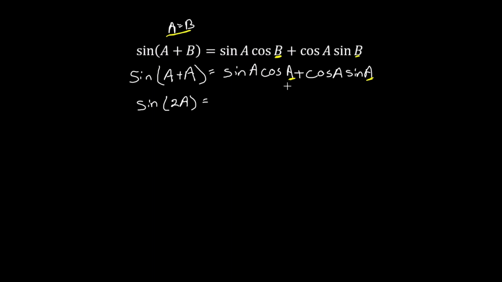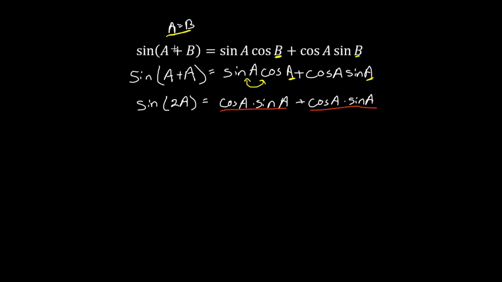Well, we can rearrange these. This is multiplication. So the commutative property of multiplication says I can switch these two around. I can instead write it as cosine of A times the sine of A plus cosine of A times the sine of A. And if you notice, these two are the exact same thing.